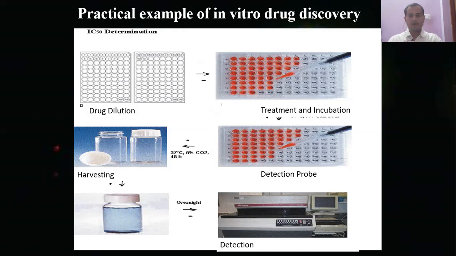Then you add a detection probe, which is a chemical moiety or fluorescence-labeled dye, harvest after a certain incubation, and detect the signal of that probe to determine the efficacy of that pharmacophore, make a graph, and calculate the IC50 value.